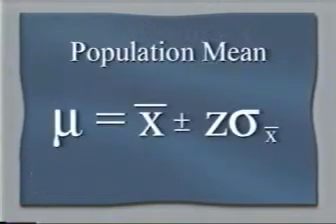The population mean mu is equal to X bar, the sample mean, plus or minus Z times sigma X bar.